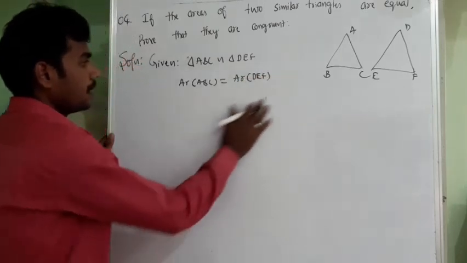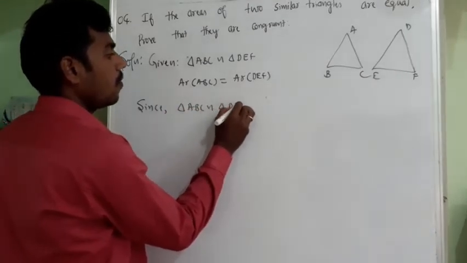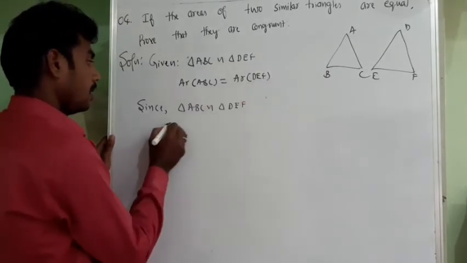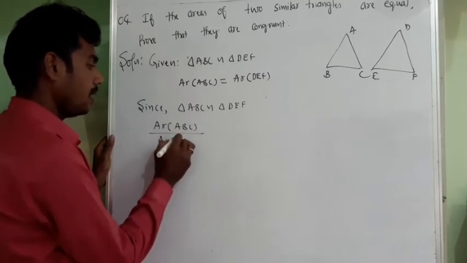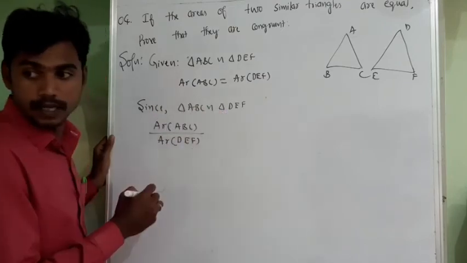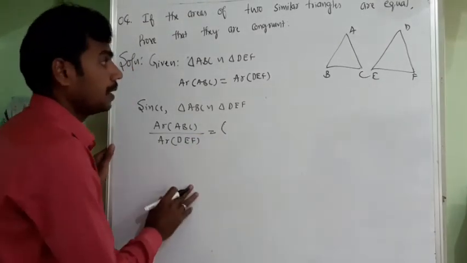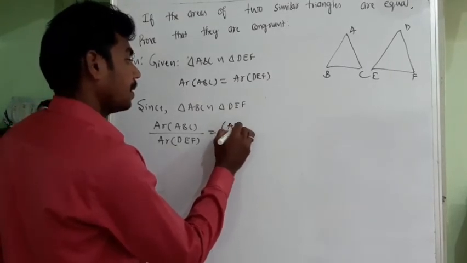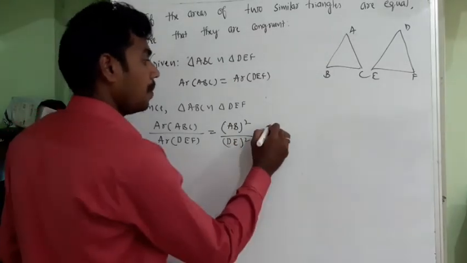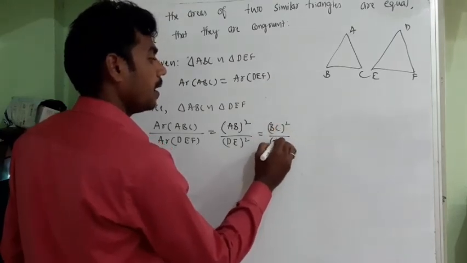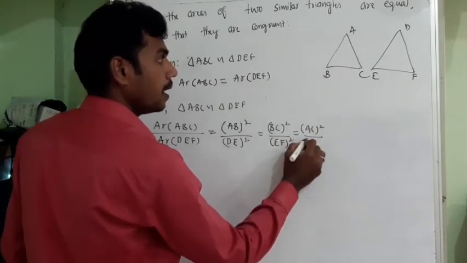This is the given thing. Since triangle ABC is similar to triangle DEF, I can write area of triangle ABC divided by area of triangle DEF is equal to AB square divided by DE square, which is equal to BC square divided by EF square, which is equal to AC square divided by DF square.